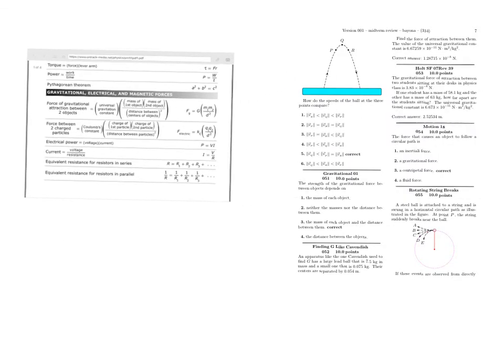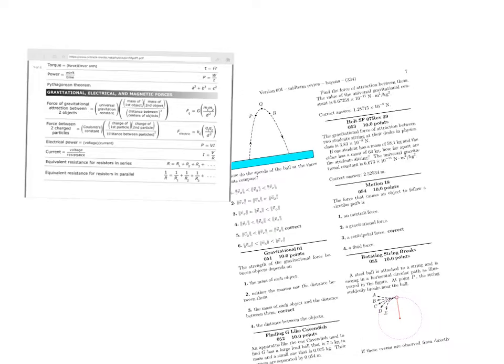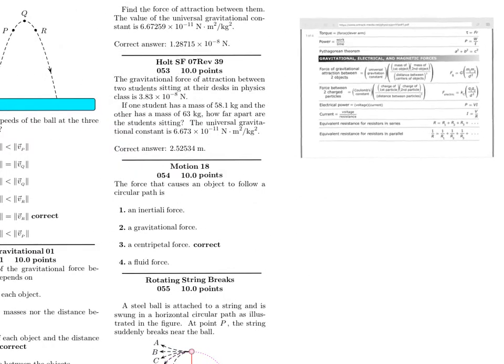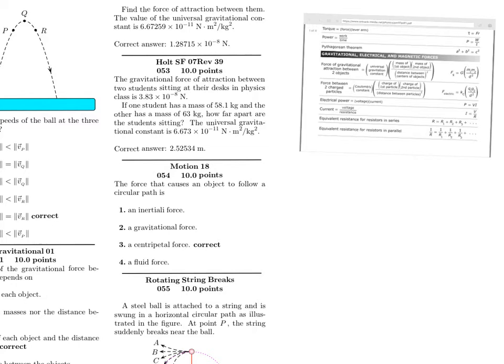All right, next one. Let's look at 53. The force gravitational between. So as soon as I say force, you know that that's your F is given. It's 3.83 times 10 to the negative 8th.